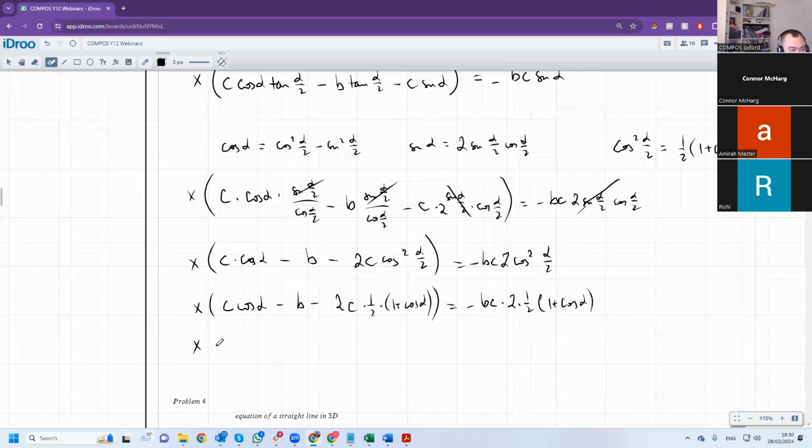Interesting. So x multiplied by c cos alpha minus b minus, so 2 cancels, c minus c cos alpha, ooh, spooky, equals, so 2 cancels, minus bc minus bc cos alpha.